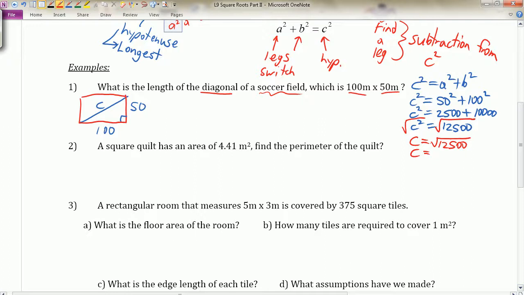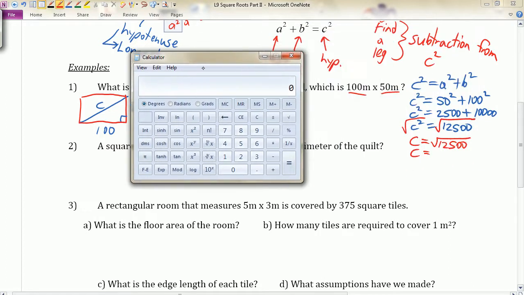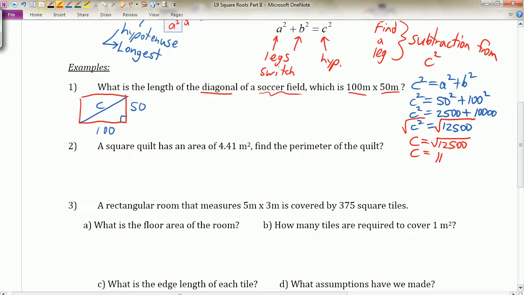Don't use your calculator till the very end. If you need your calculator for the middle part, no problem. Please show all your work. Now round to the nearest tenth. And please try starting calculator so you know if you're using it properly.